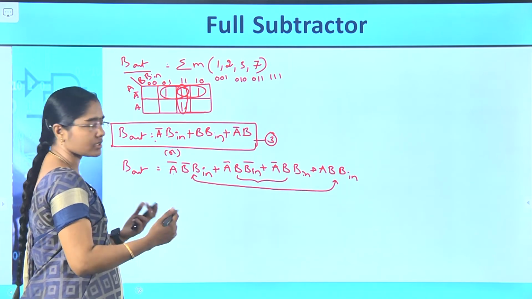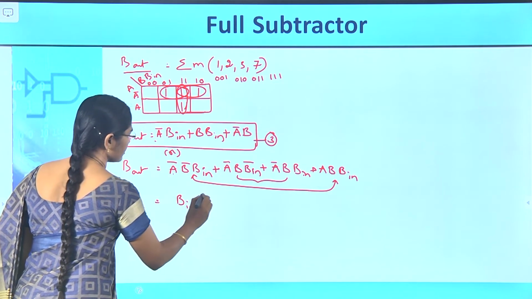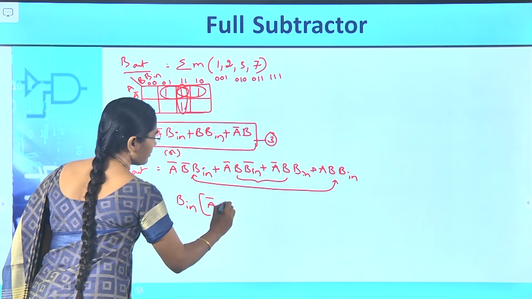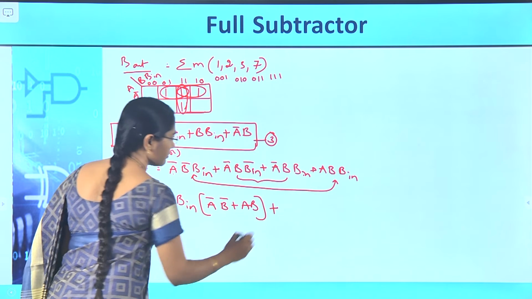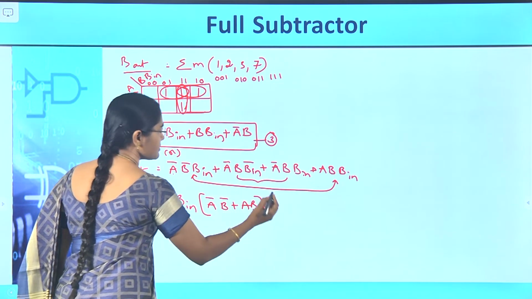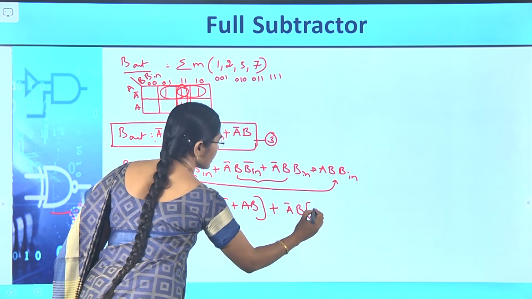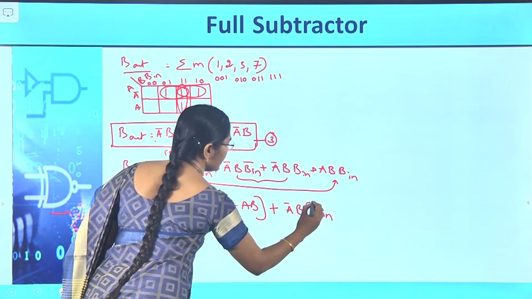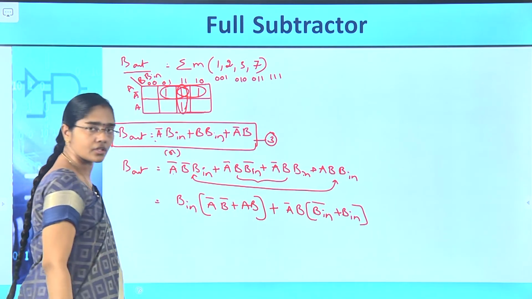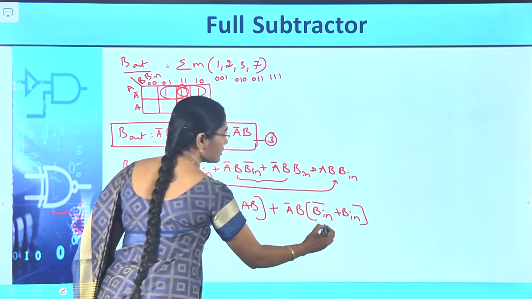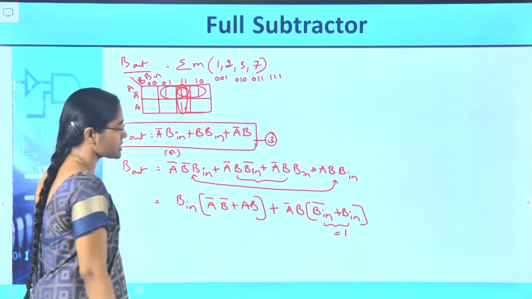Okay, let us take that common. So if I take B in common first, this will be written as A bar B bar plus A B, plus from these two minterms, what is common? A bar B. If A bar B is taken common, this is B in bar plus B in. Okay, so B in bar plus B in, what is it equal to actually? It is equal to 1 as per the Boolean algebra rules.